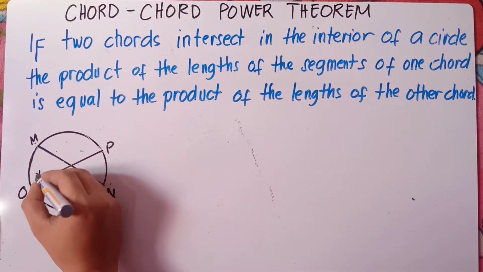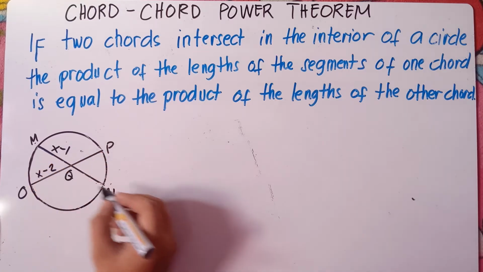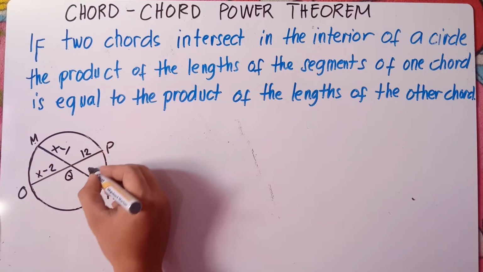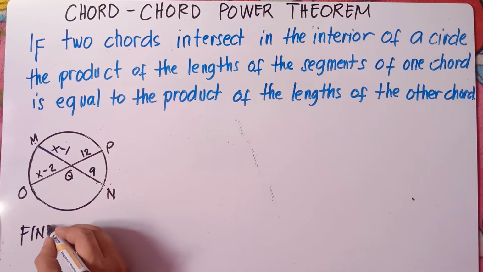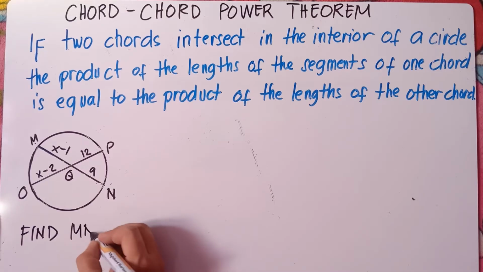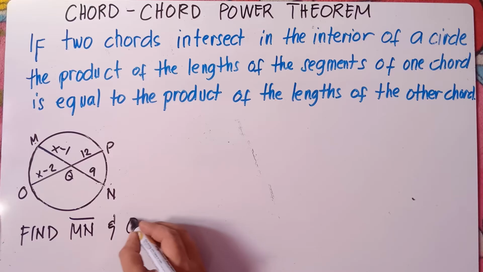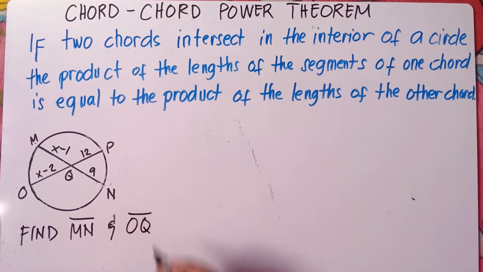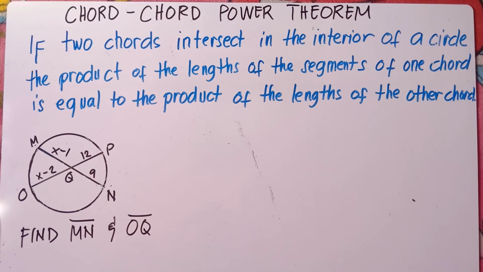Let's try to make it complicated. This is x minus 2, this is x minus 1, this is 12, and this is 9. You are told to find the measure of line MN and line OQ.